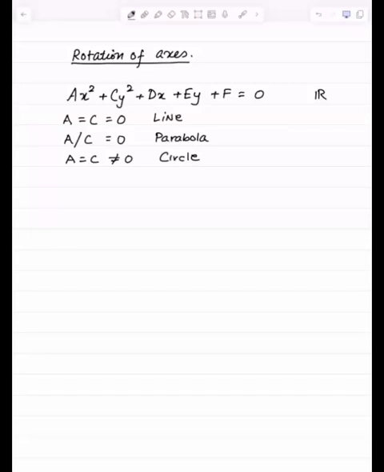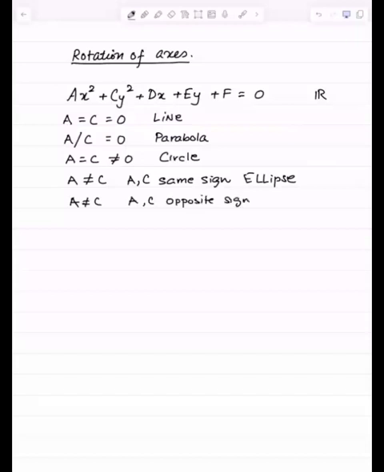If a does not equal c, but they are both the same sign, either both positive or both negative, then we have an ellipse. And finally, if a does not equal c and a and c are opposite signs, then we have a hyperbola.